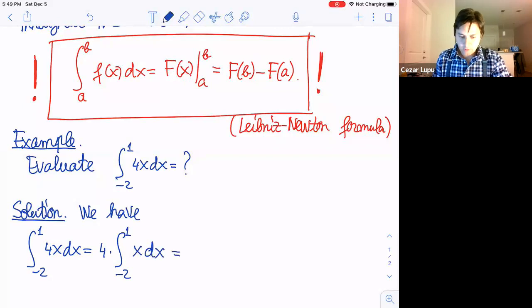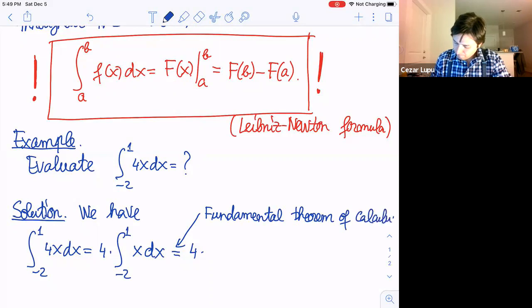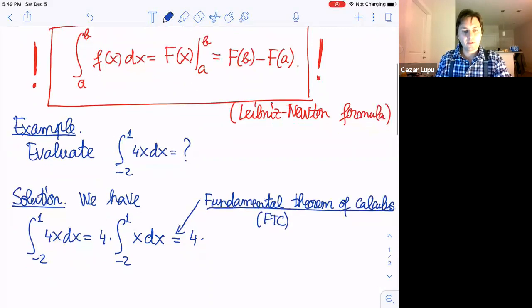And now we want to apply the fundamental theorem of calculus. At some point, I will abbreviate this by FTC. You will understand when I put FTC here, this is nothing else than the fundamental theorem of calculus.